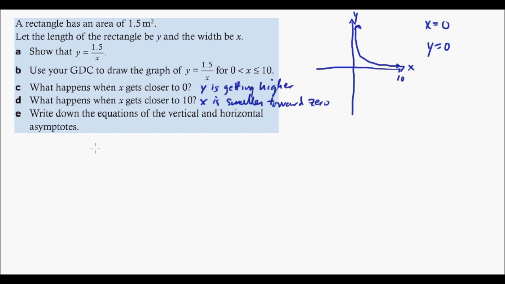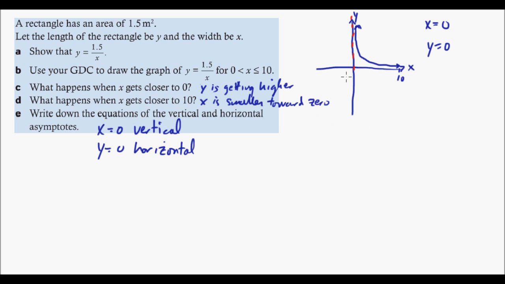Now write down the equations for the vertical and horizontal asymptotes. Well, I've already done that. So x equals 0 is the vertical asymptote, and y equals 0 is the horizontal. Remember, a vertical asymptote is x equals, and a horizontal asymptote is y equals. The way that you denote asymptotes on a graph is with a dotted line like this.